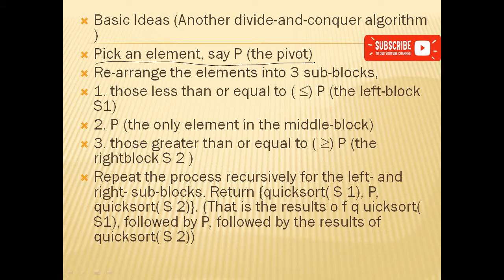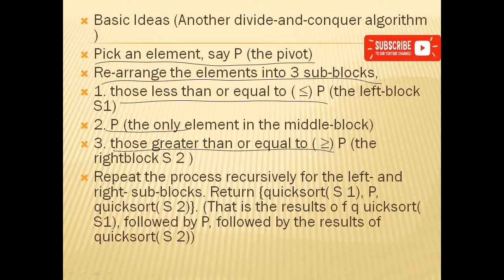Based on that pivot element, the divisions will be made, then we sort and again combine. So we rearrange the total elements into three subparts: those less than or equal to the pivot element, and those greater than or equal to the pivot element.